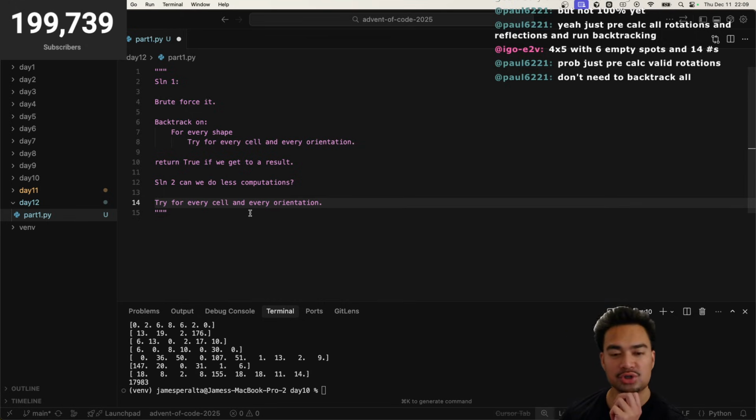Well, I guess we could just try every cell in every orientation in every order, and then see how many cells that takes up, and then see if we can fit that into the matrix.